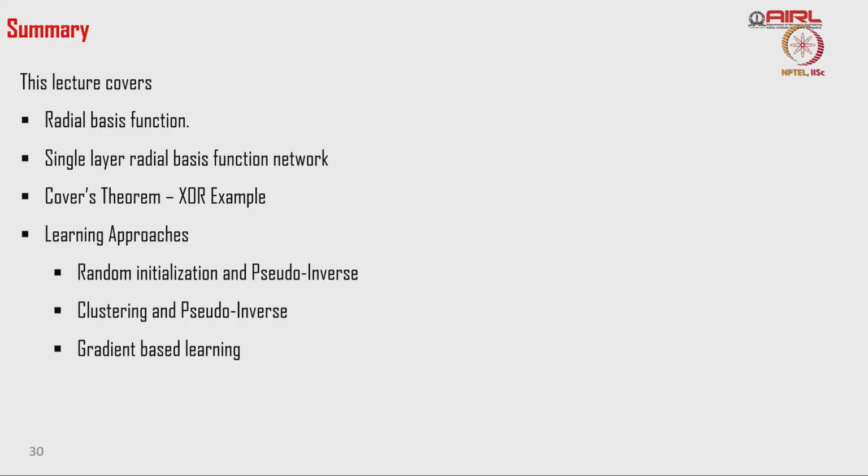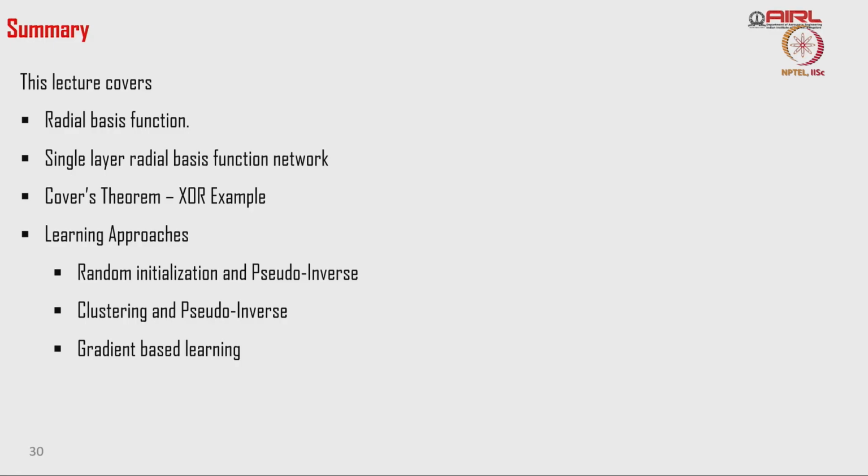We talked about different functions which have similar characteristics, and then we constructed a single layer radial basis function neural network, feed-forward neural network, and we demonstrated the Cover's theorem using a single layer neural network, how one can project the data into nonlinear space.